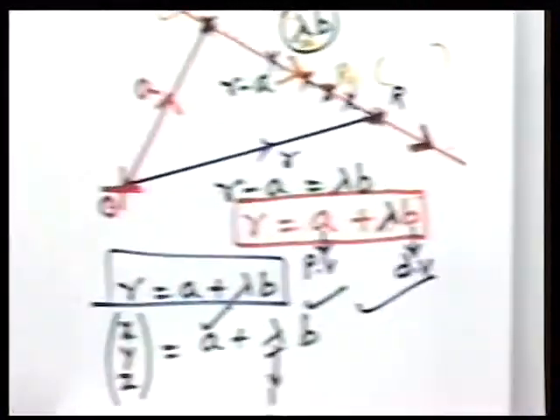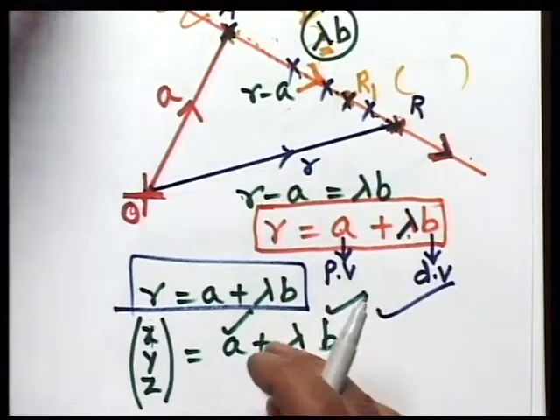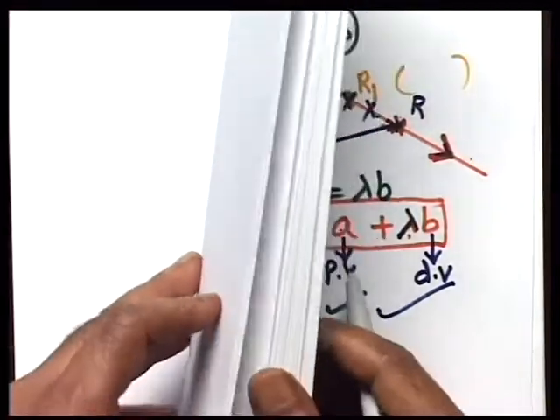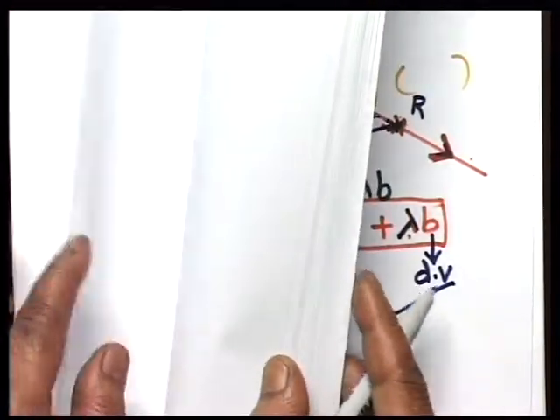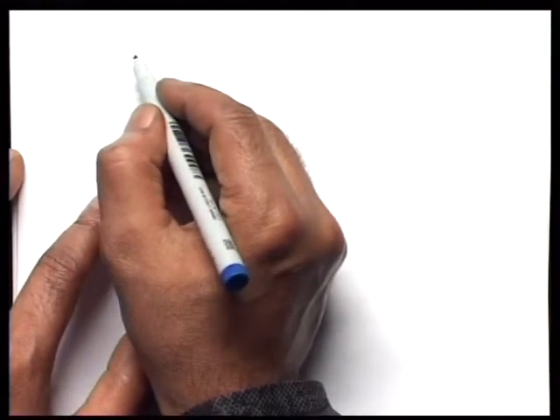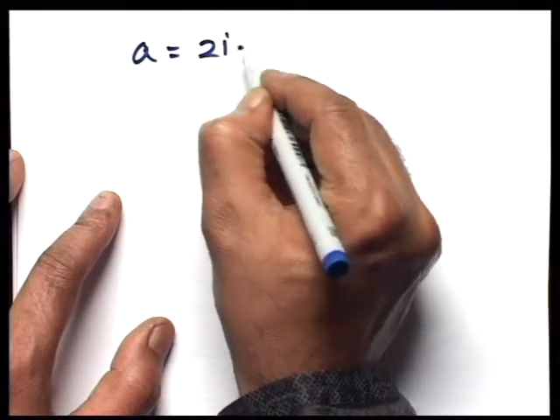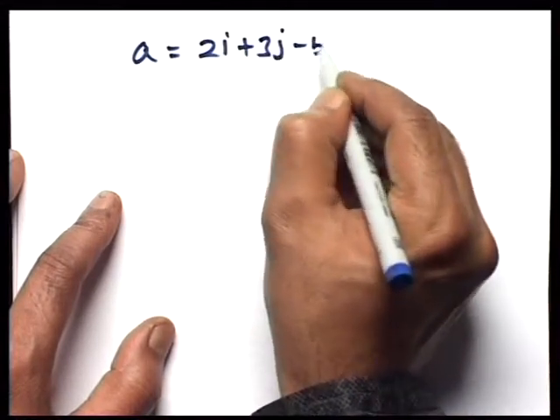I will take you through one question to actually see what it means. Let's take our own sum. I didn't prepare one, so I'll just copy a question. So we have a position vector called A, which is 2i plus 3j minus 5k.